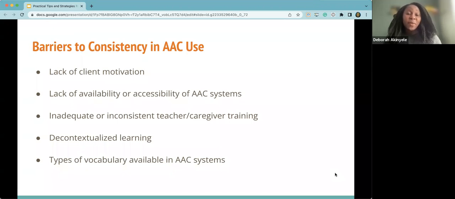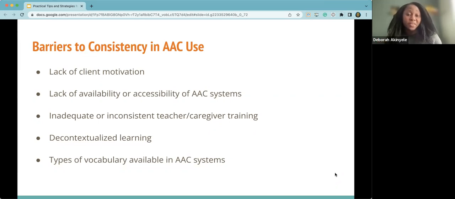What that means is while they may be showing really good progress within that very specific context, they're not carrying it over, they're not generalizing it into the environments that they're in most of the time. And so that can also increase the likelihood that they're not going to use the device unless it's time for speech.